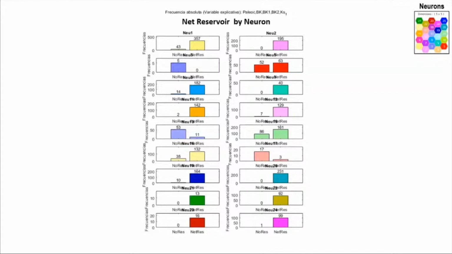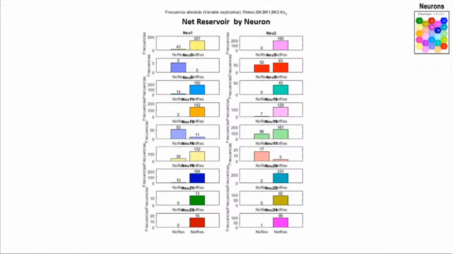You can see neuron 1, 2, 3, 4, and the net reservoir is the bar at the right, and the no reservoir proportions at the left. So you can see that some neurons have predominance of net reservoir, like number 1 or 2, but maybe this neuron is the opposite. Or some neurons have similar counts.